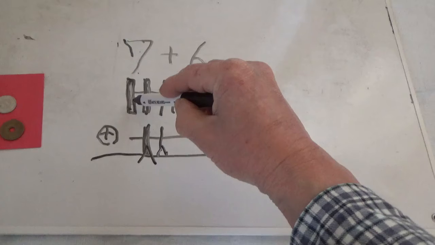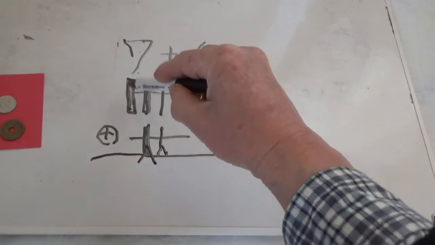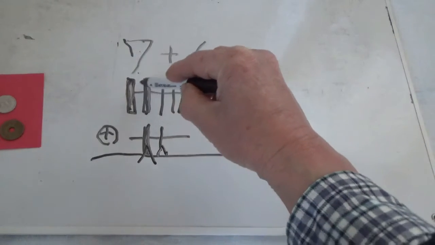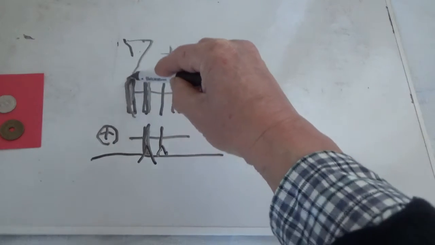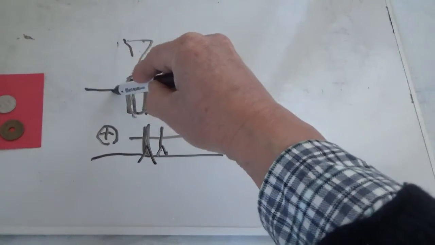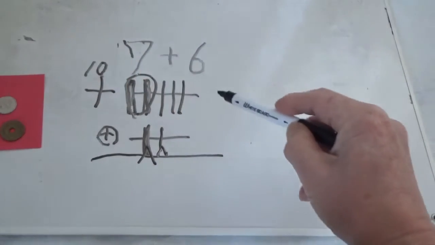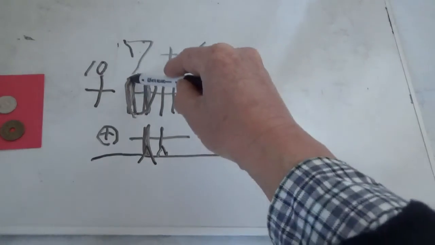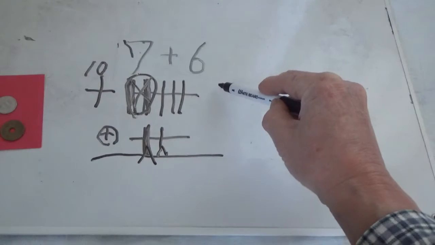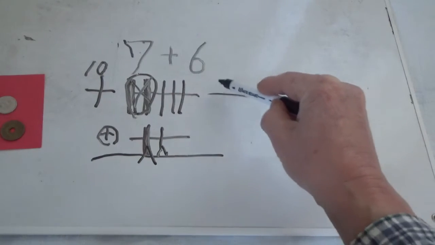So these two 5 lines become 10, and remaining 3, that is 13.